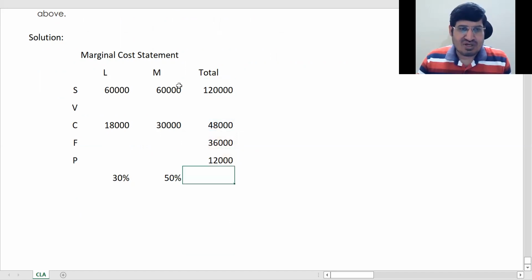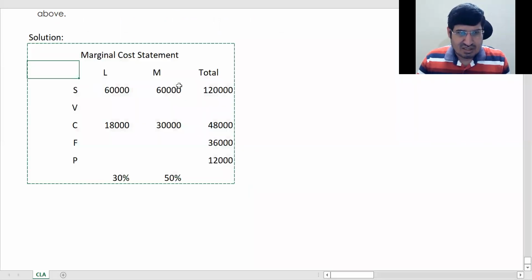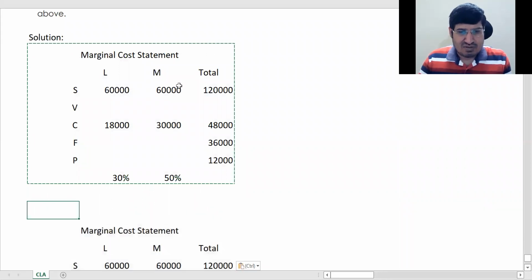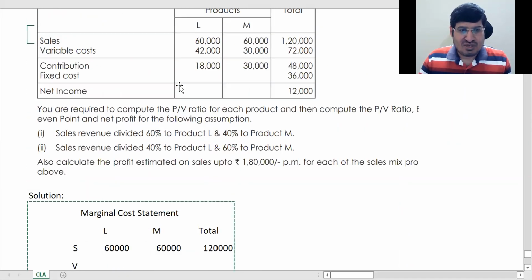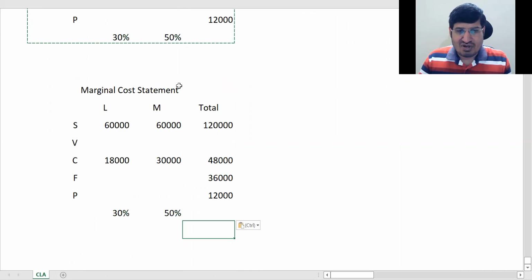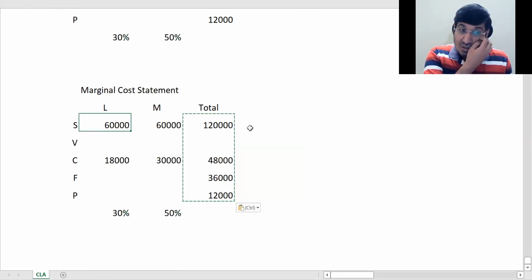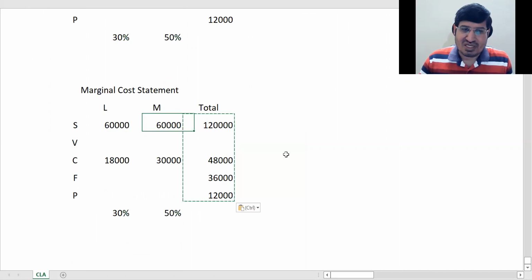So now what we are saying is, let's take the whole thing here down. This is one: sales revenue 60% to product L, 40% to product M. So basically what we will do, just keep this total statement as it is, and take 60% of this 1,20,000.